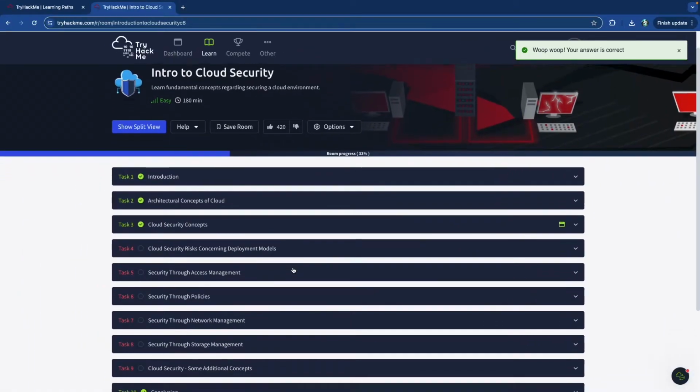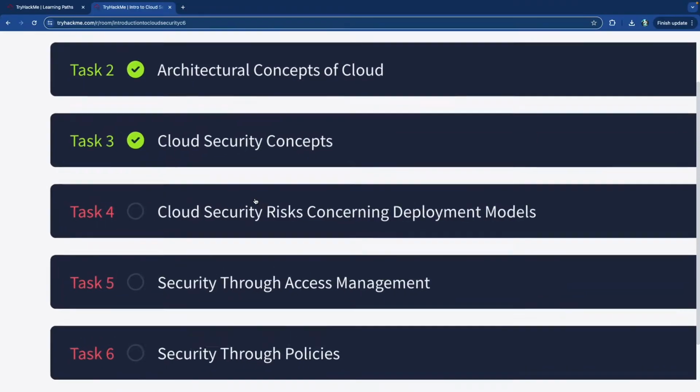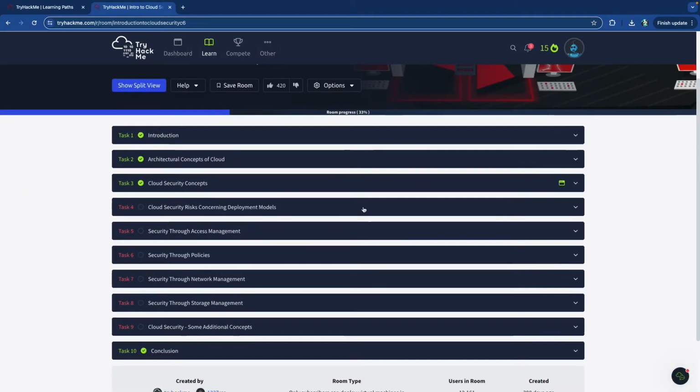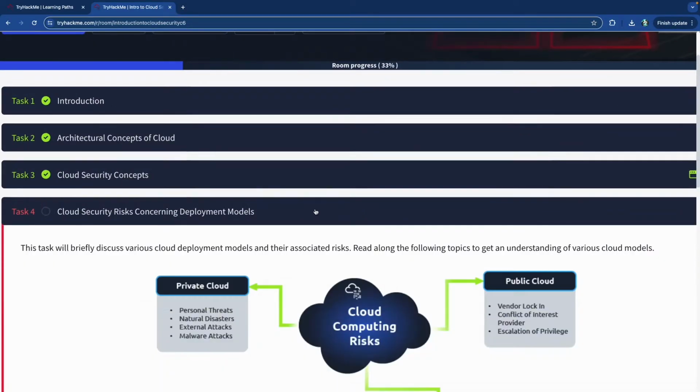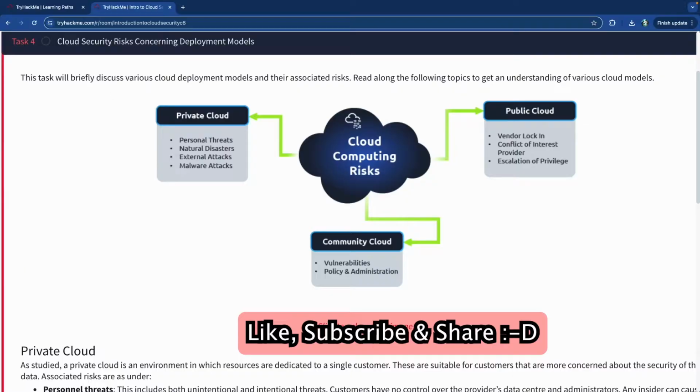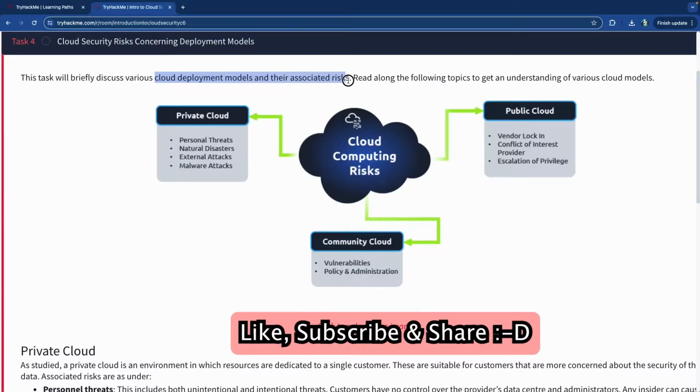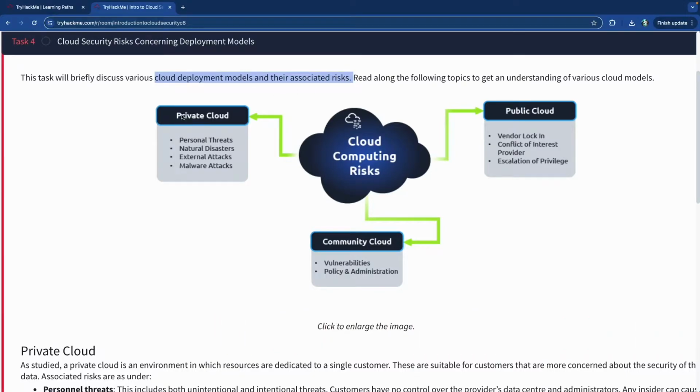So let's now jump into cloud security risks concerning deployment models. All right, each cloud deployment model has associated risks. So when you have private cloud, there's personal threats, natural disasters, external attacks, malware attacks.